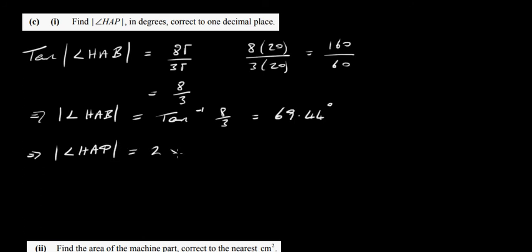That's going to be twice 69.44, which gives me an angle of 138.9 degrees to 1 decimal place. And that's it really. So let's move on to the next part.